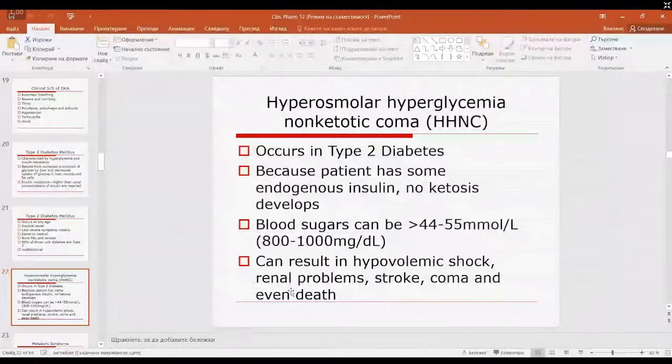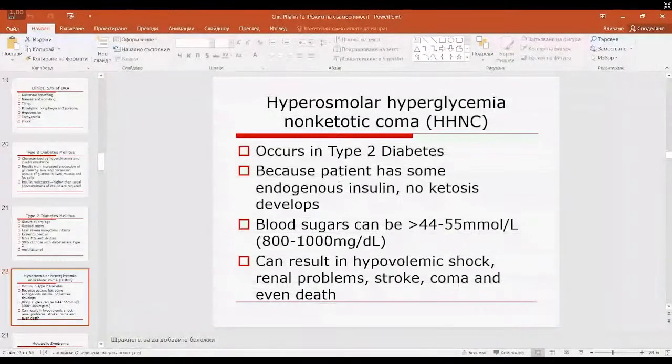And then we have a complication that usually happens in type 2 diabetes when there is hyperglycemia, and this leads to hyperosmolarity, and that's why it's called hyperosmolar hyperglycemic non-ketotic coma. So we don't have ketones in this case, and this usually occurs in type 2 diabetes due to the fact that there is still insulin in these patients.